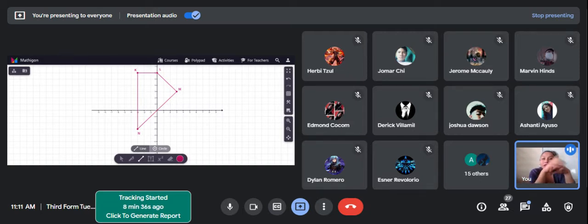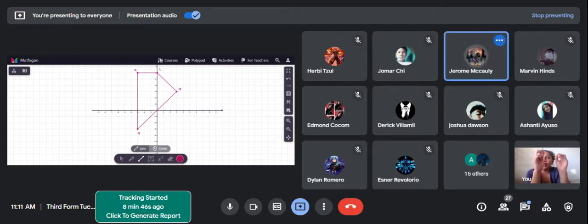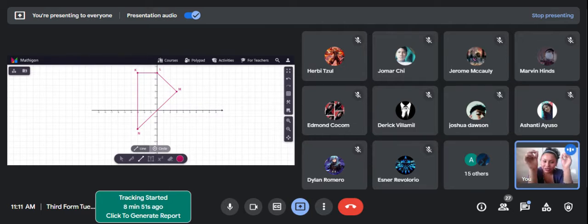I need to do something to the coordinate points: the -3, 6, the 0, 6, the 3, 3, and -3, -3. Divide? It's not addition, not subtraction, not division. Multiplication, very good. So multiplication is what I need to do.